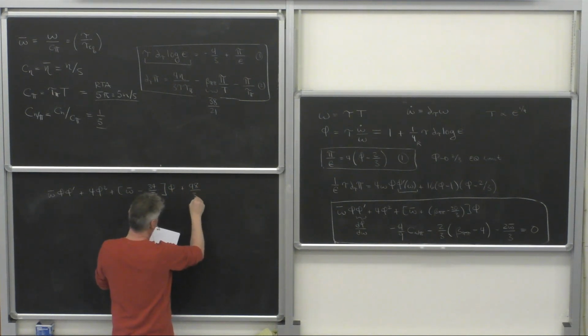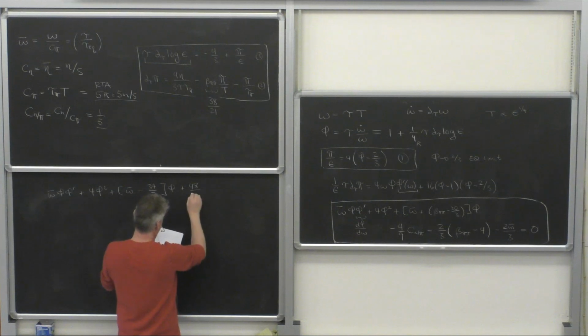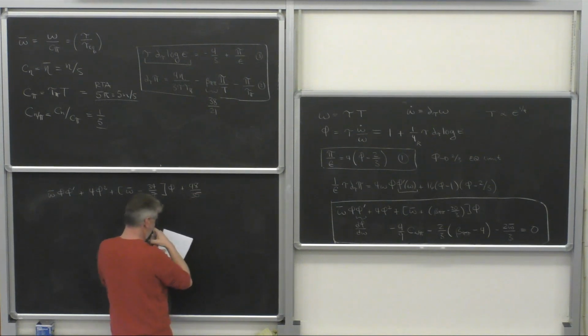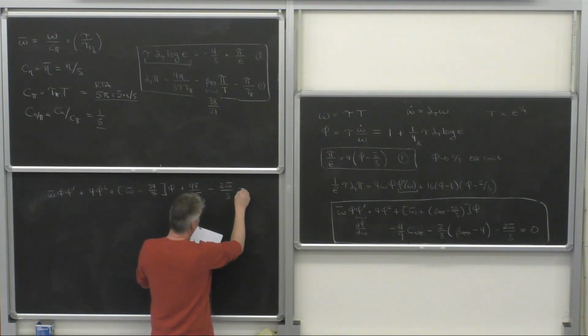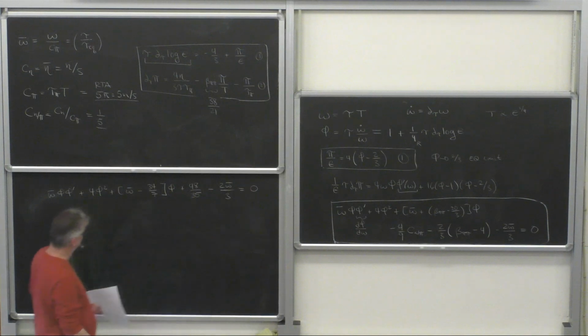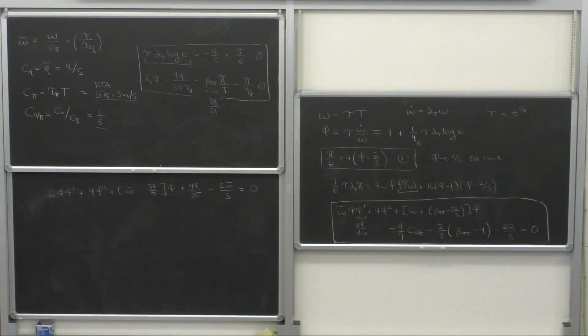Now these numbers that pop up are not obvious. They're particular to second order viscous hydrodynamics in Bjorken flow, conformal Bjorken flow, but they are what they are. All right, so that's the simpler version of this equation.